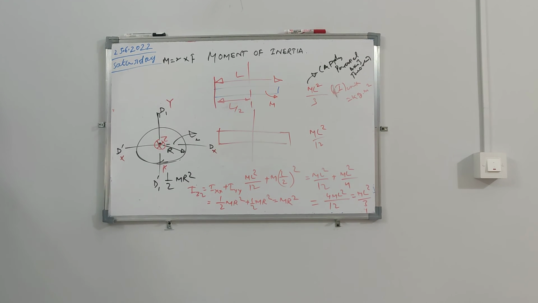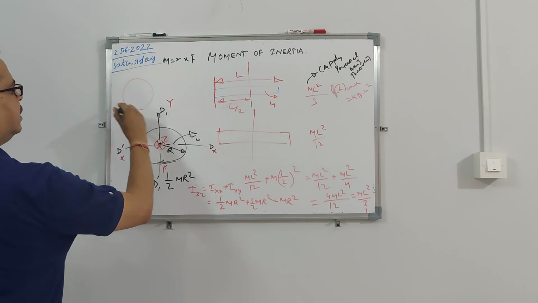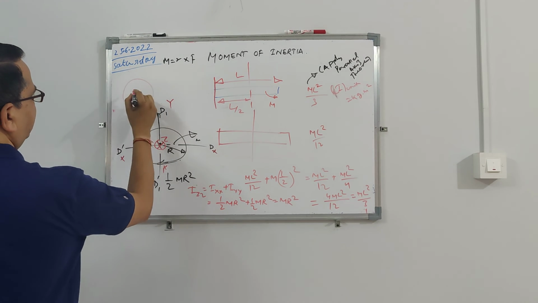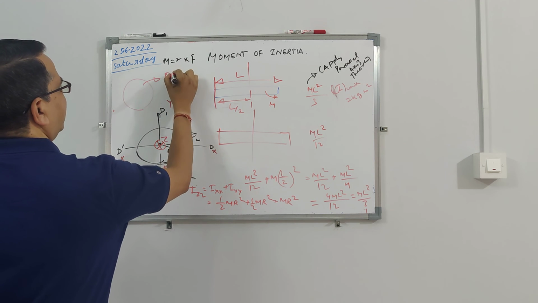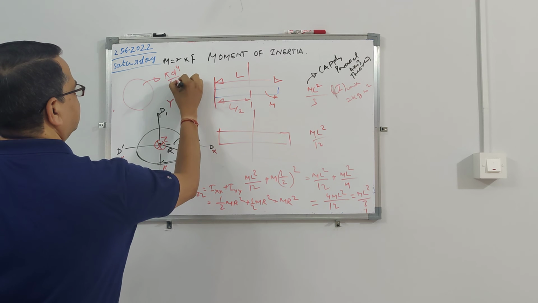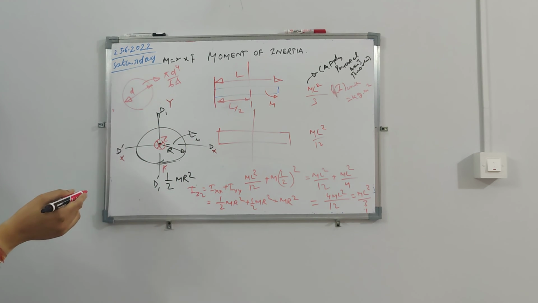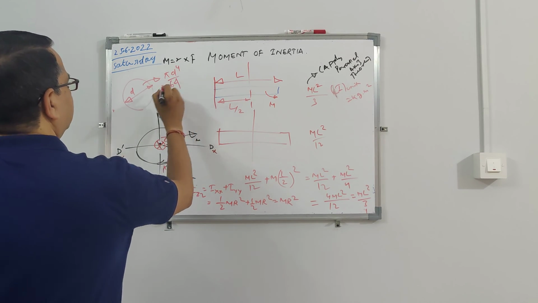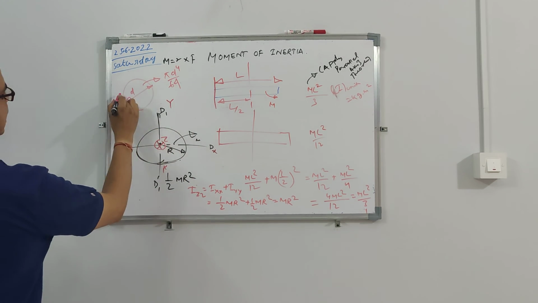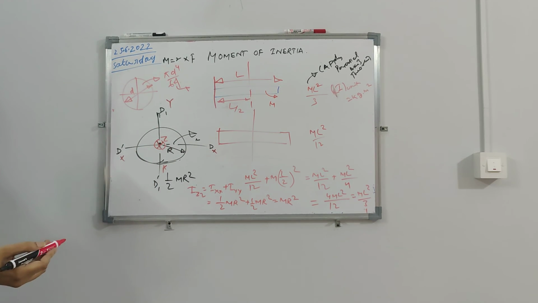Normally, just remember for a circular cross section, it will be the same along both diameters, pi d4 by 64. About one diameter it is pi d4 by 64, and about the other diameter also pi d4 by 64.